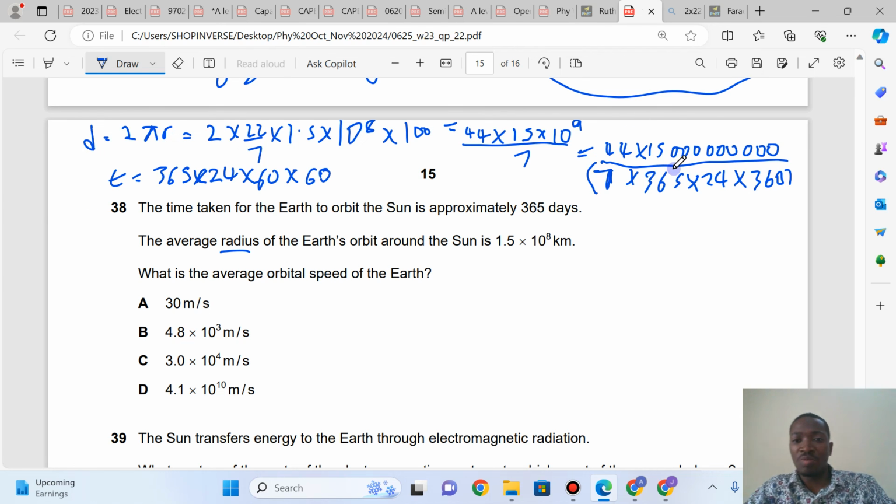So I'm going to press this on my calculator. 44 times 15, then 9 zeros.